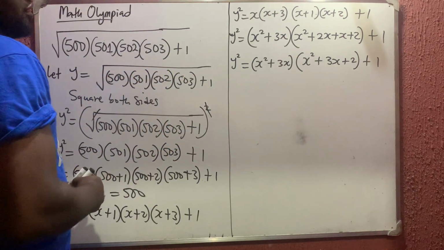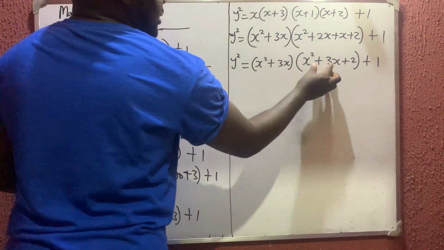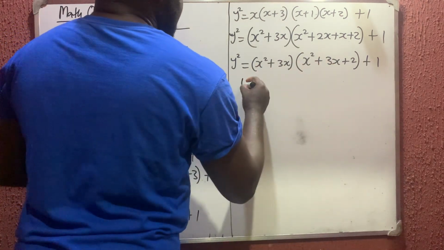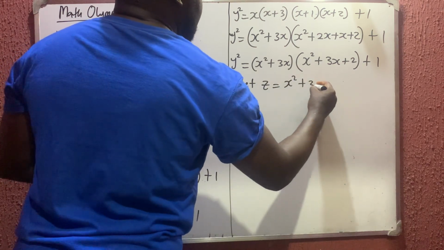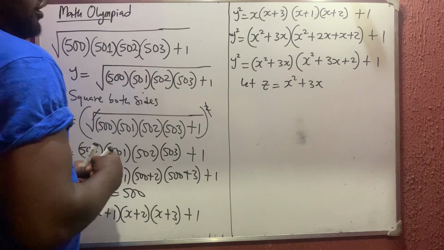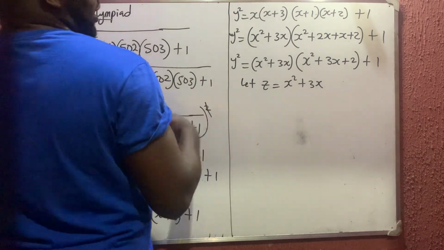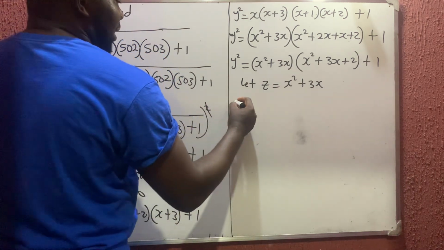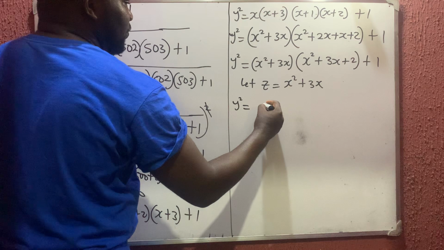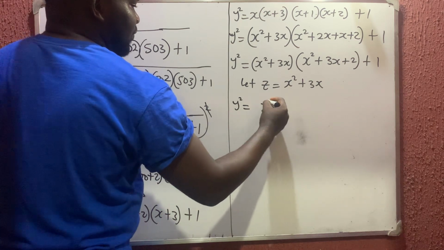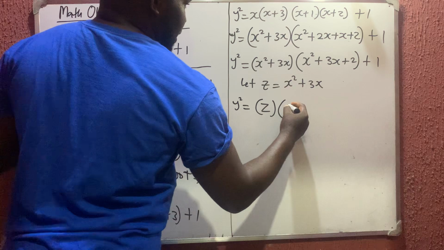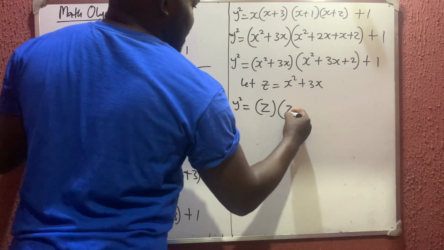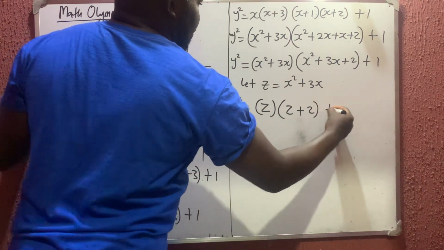Now you will see that here is the same thing as here. I can say let z be equal to x squared plus 3x. Anywhere we see x squared plus 3x, we put z. So I have that my y squared is equal to z multiplied by z plus 2, then plus 1.